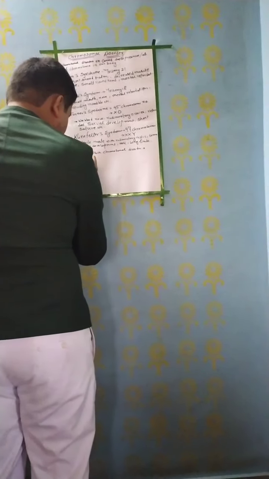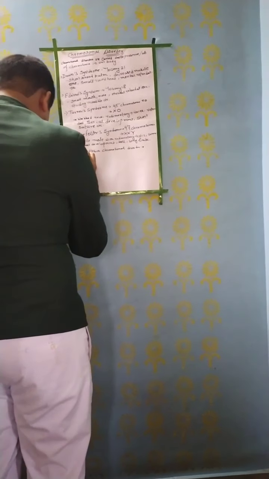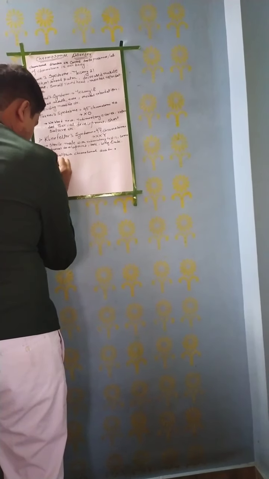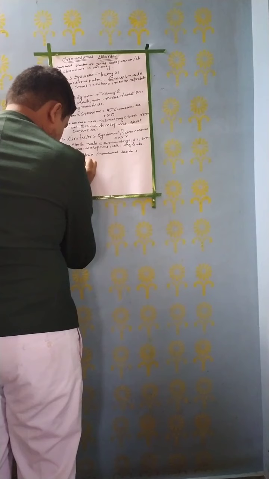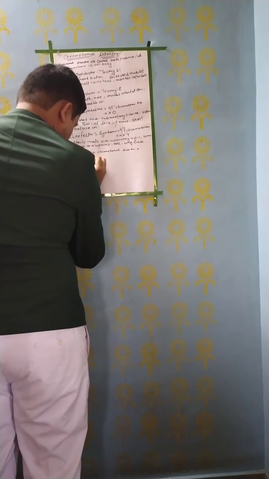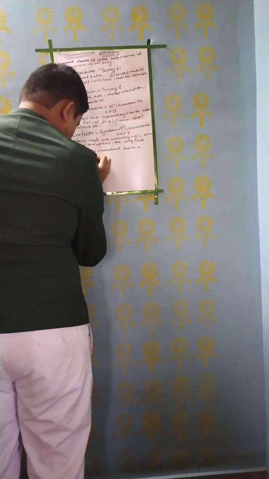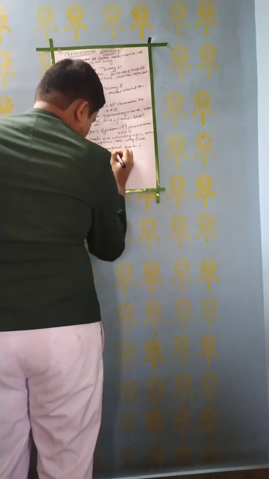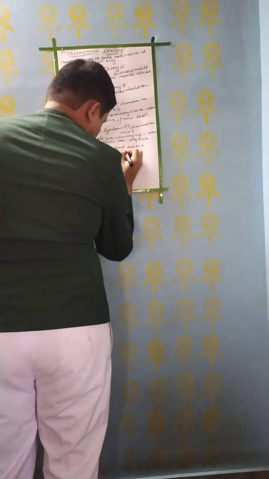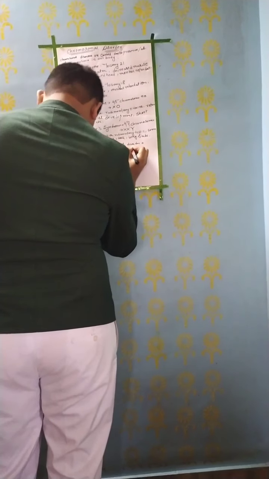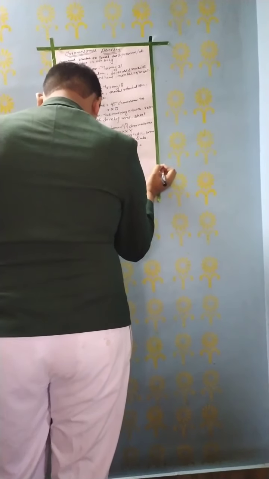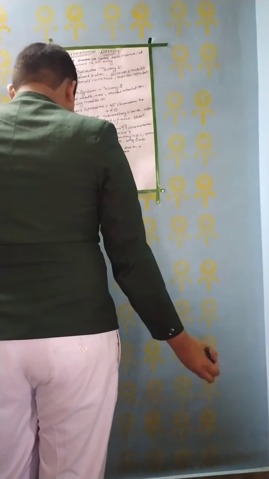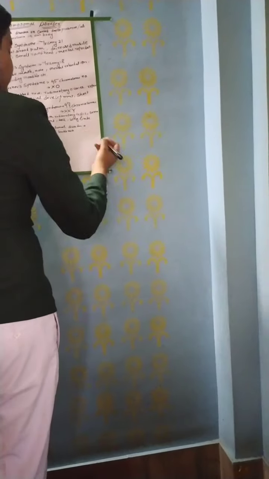This is the chromosomal disorder that causes chronic myeloid leukemia. This occurs due to the short chromosome 22.